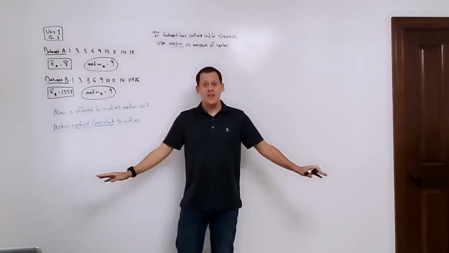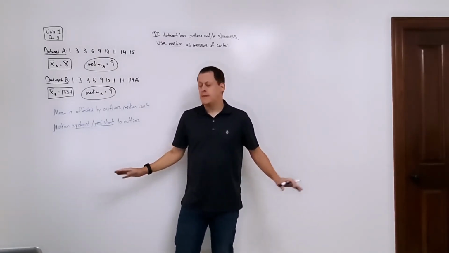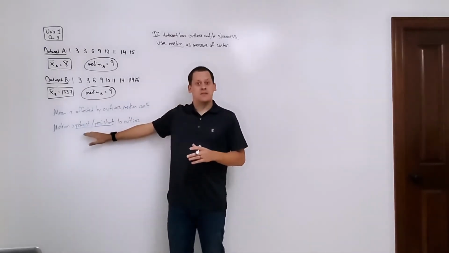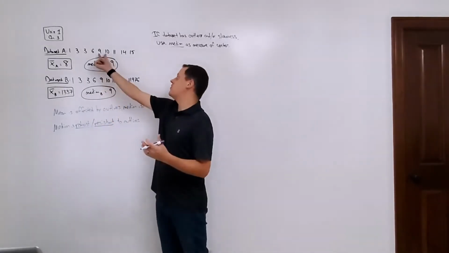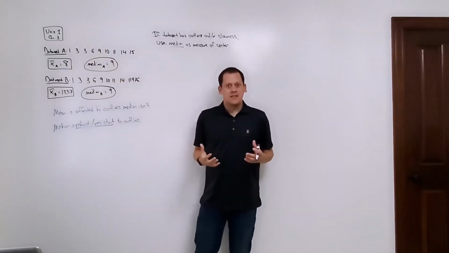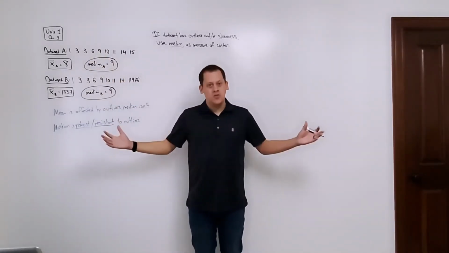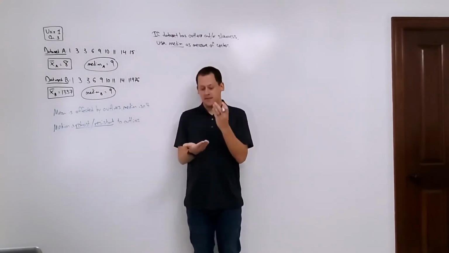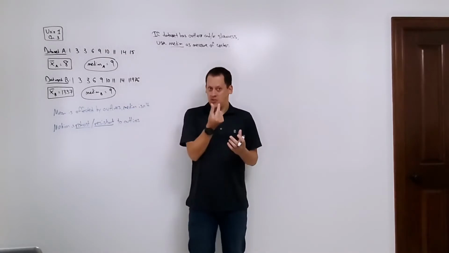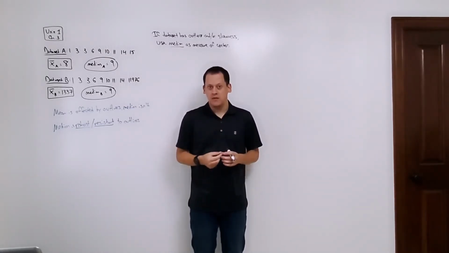Those are the only numbers that count. And while that provides a robust or resistant characteristic, typically when we calculate statistics, we want to use as many values as possible so that the statistic is a measure of the entire data set and not just those values in the middle.